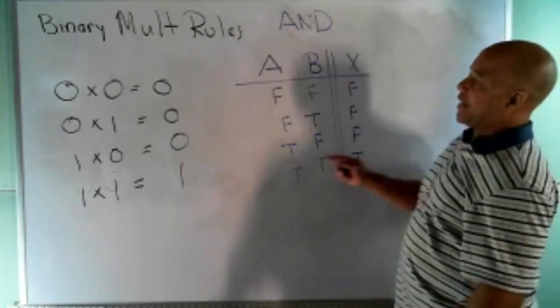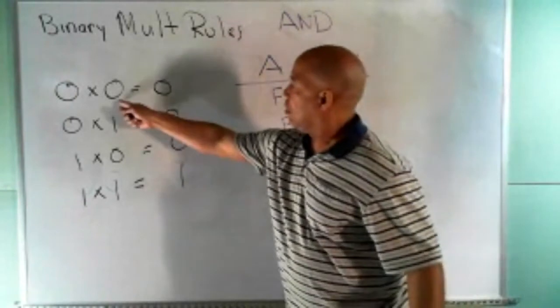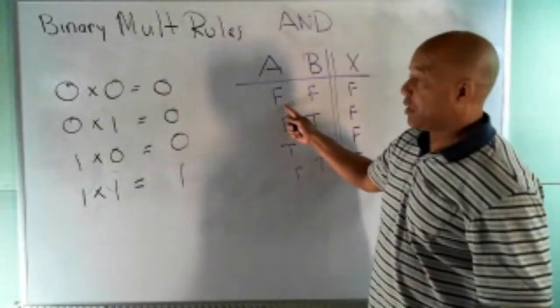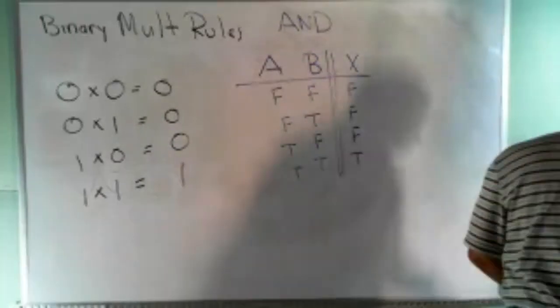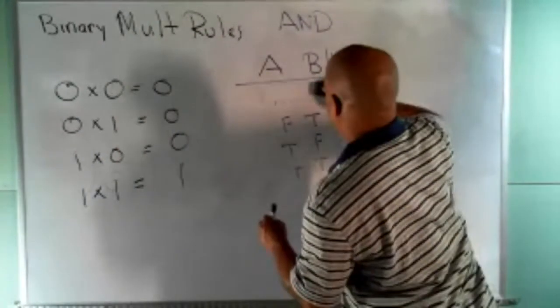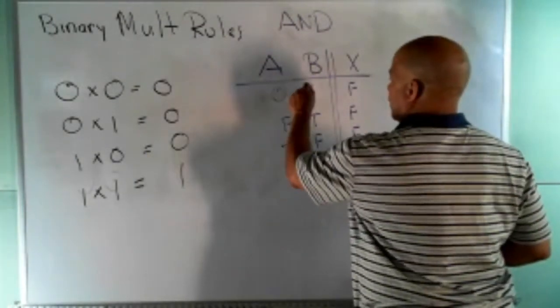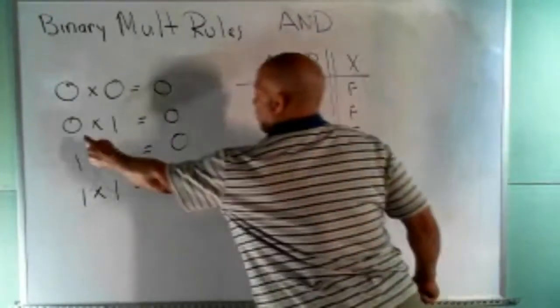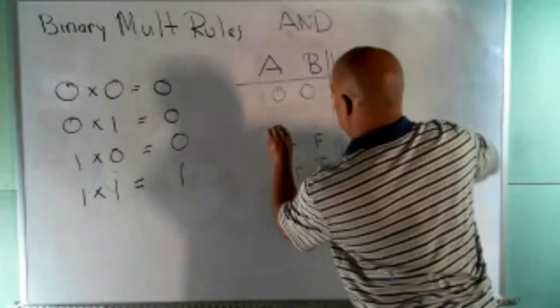So I want you to imagine over here, instead of using trues and falses, what if we use a 0 for false and we use a 1 for true? So let me redo the truth table. Here I have 0, 0. Here I have a 0, 1.